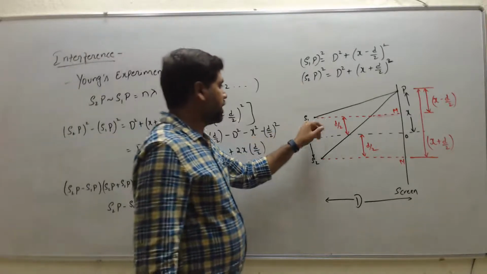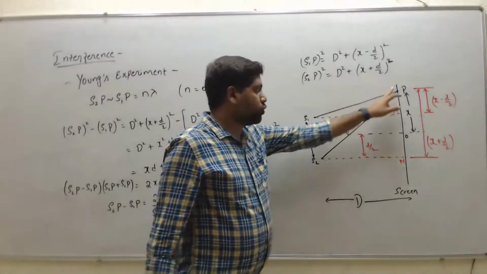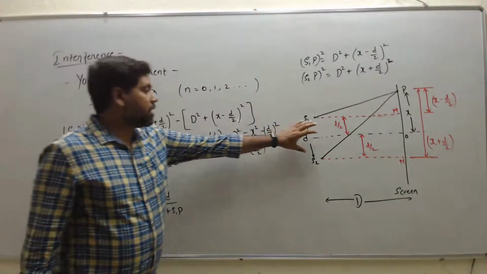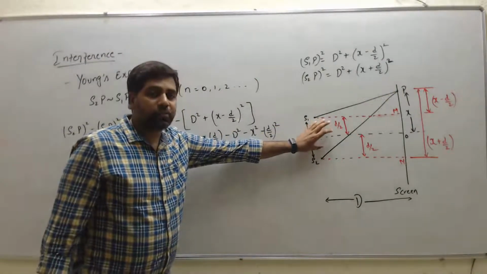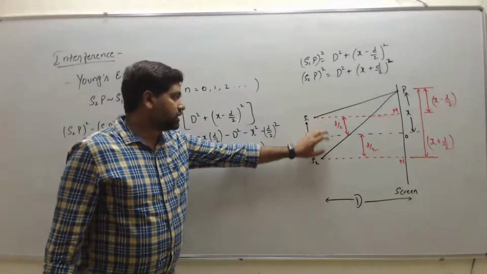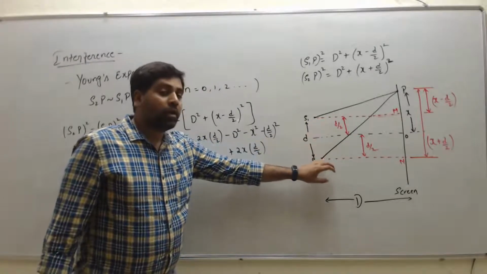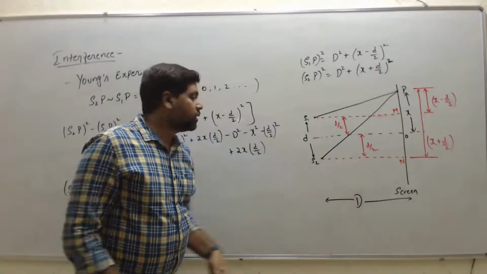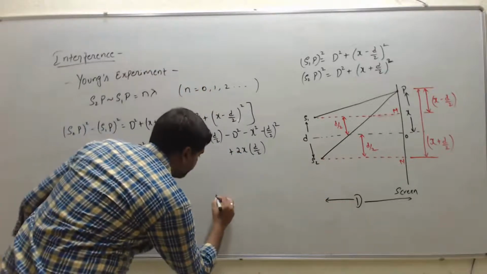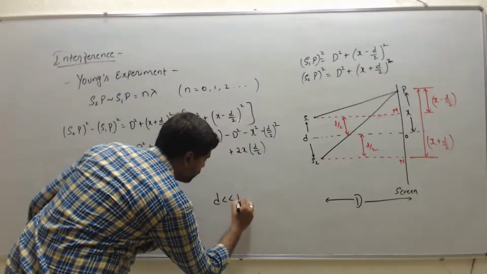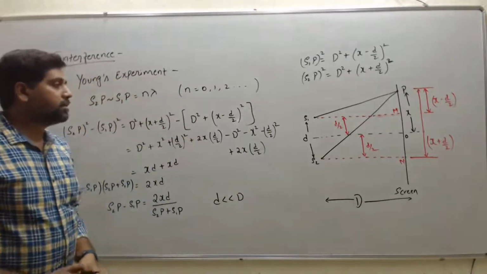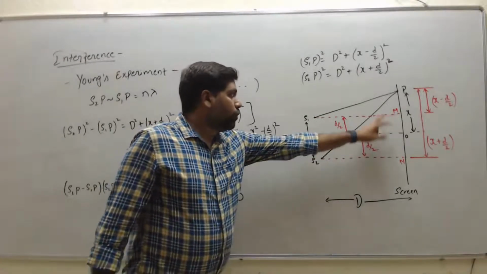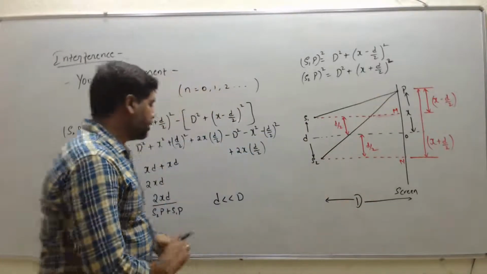So if you observe here S1P and S2P, as we have taken, the distance between S1 and S2 is very small compared to the distance between the source and the screen, that is d is very small compared to D, then S1P equals D and S2P equals D.